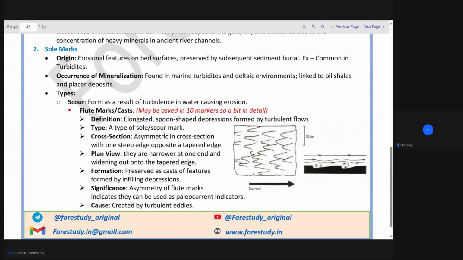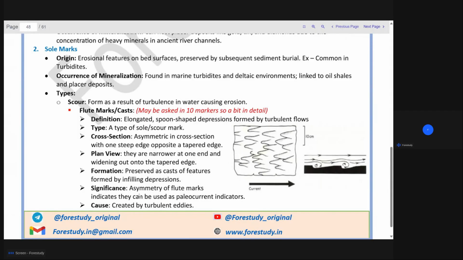It is a type of sole or scour mark. In cross section, it is asymmetric, with one steep edge opposite to a tapered edge. So one edge is steep, another edge is gentle. In plan view, they are narrower at one end and widen out onto the tapered edge. Formation: they are preserved as casts of features formed by infilling depressions.